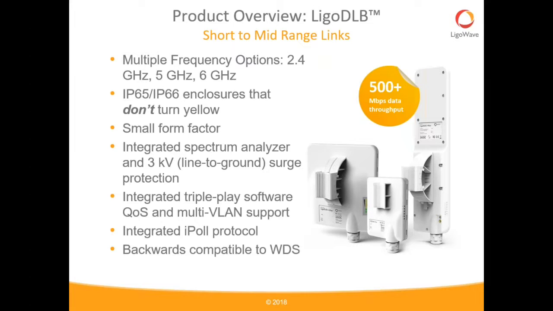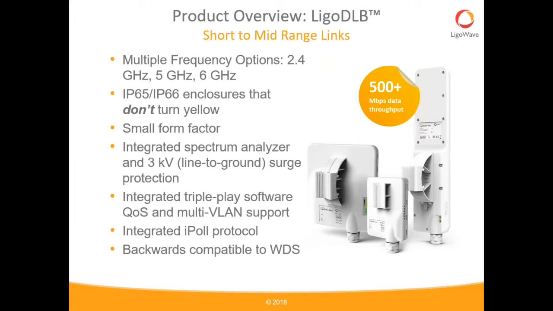All of these products are IP65 or better, and our enclosures don't turn yellow, unlike some other vendors I won't mention. The nice thing about these access points is that they're small, they're light, but they still have all of those enterprise level features that we talked about included.